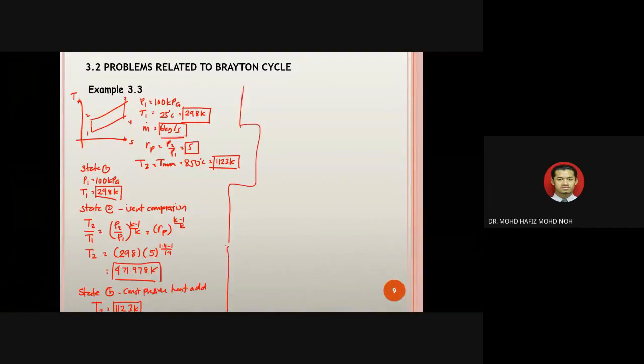So then you can go for the last state, which is state 4, isentropic expansion. Clear.